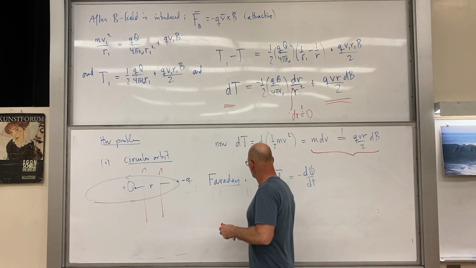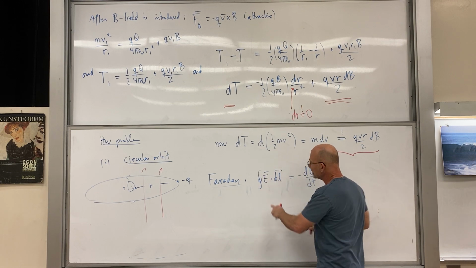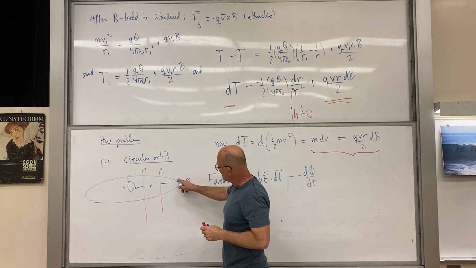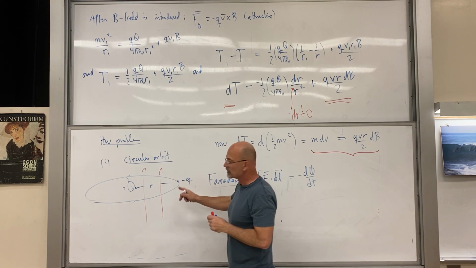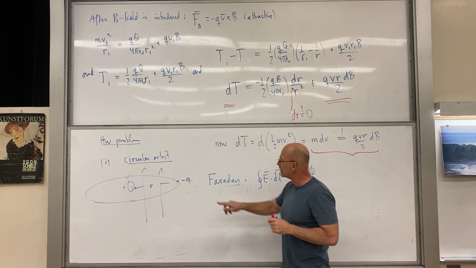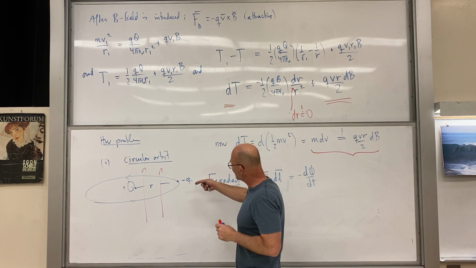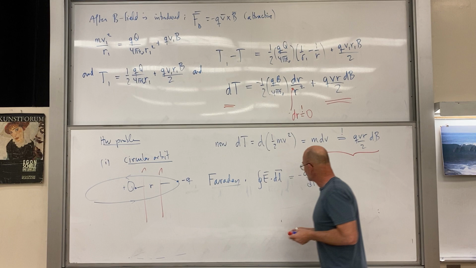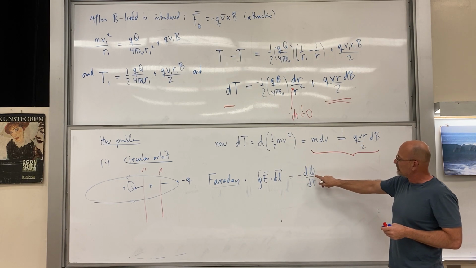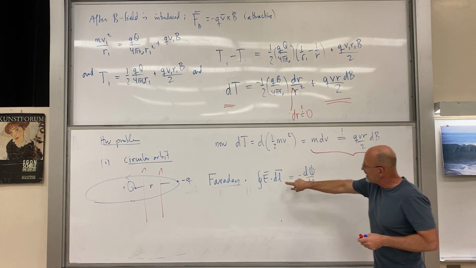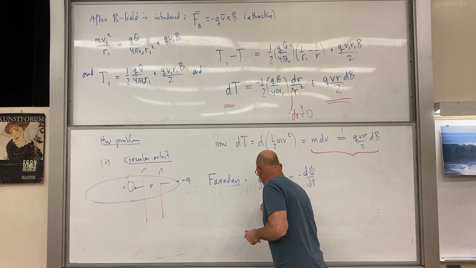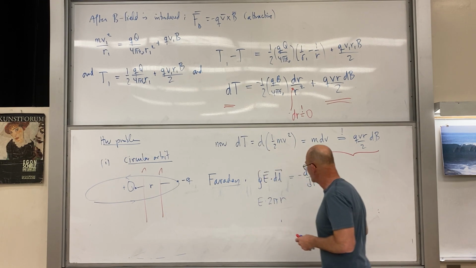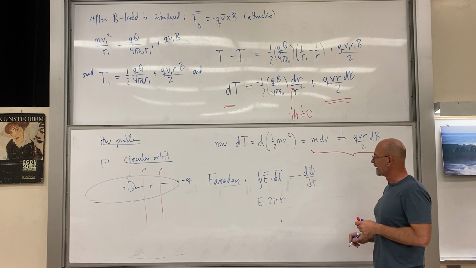Okay, so the E dot dl, and we're going to have it in the direction. Actually, the directions are going to work out. This is a minus charge, so the E that we get is actually going to be opposite the direction of motion, right? But that'll work out. So when we analyze this, we're getting E times 2 pi r.